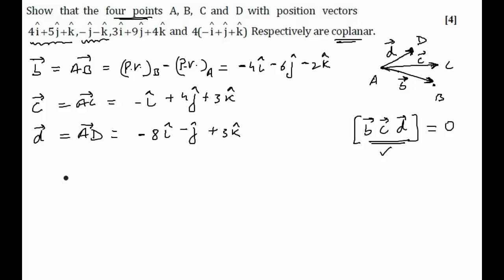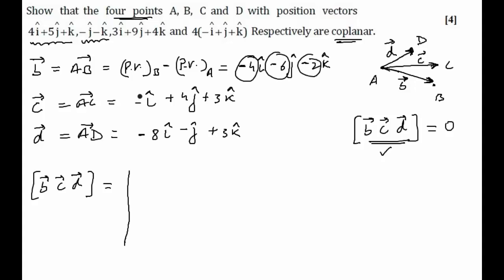Now the only thing we need to do is try to calculate the box of b, c, d. Now finding box of b, c, d is very easy. We just have to calculate the determinant, which is formed by using the coefficients of i, j and k of each vector. So basically my first row will be minus 4, minus 6, minus 2. Second row will be minus 1, 4, 3.